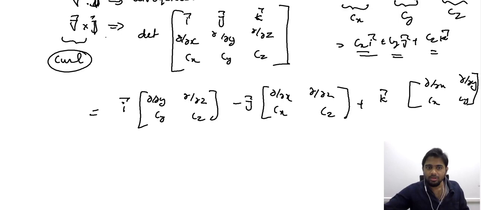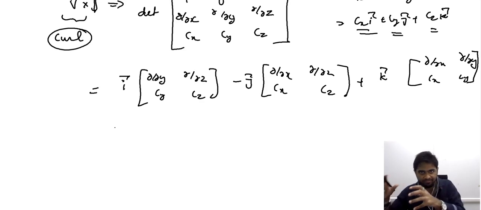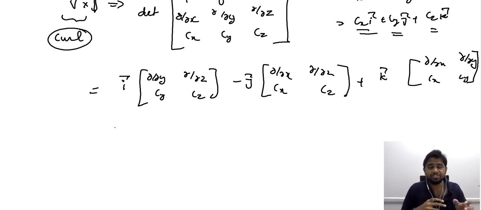We have considered the gradient, which yields a vector, and the divergence, which is a dot product and yields a scalar. And finally we have considered curl. The curl is a cross product, and it yields a vector.